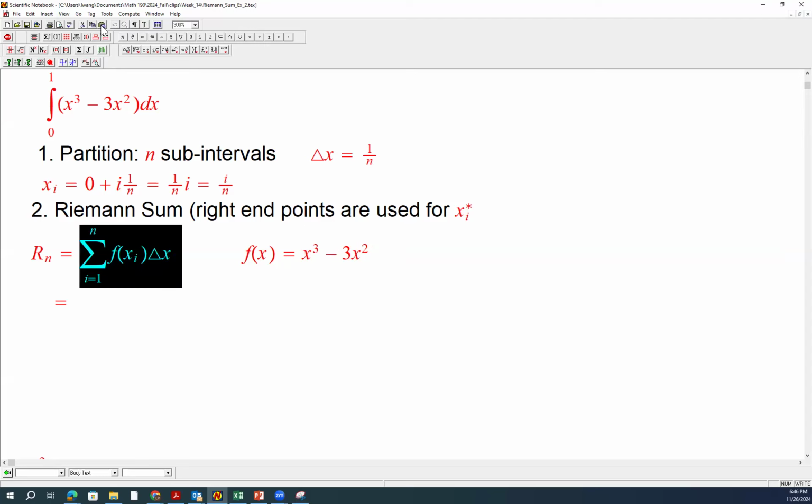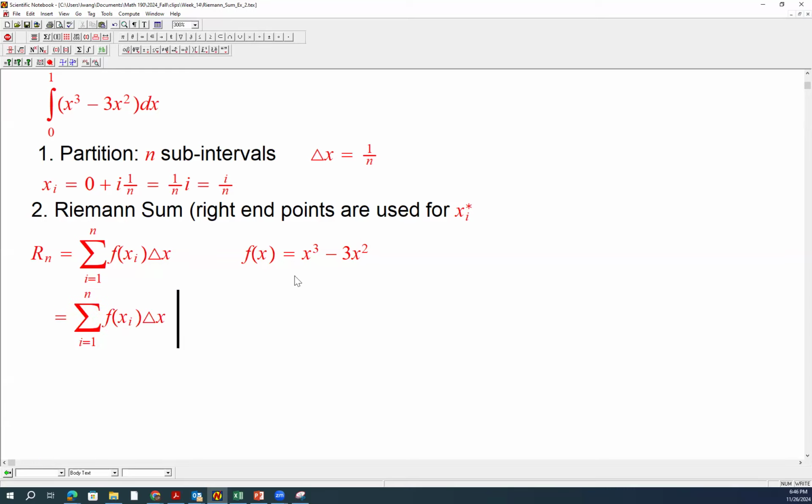So we're going to plug in i over n as x sub i.